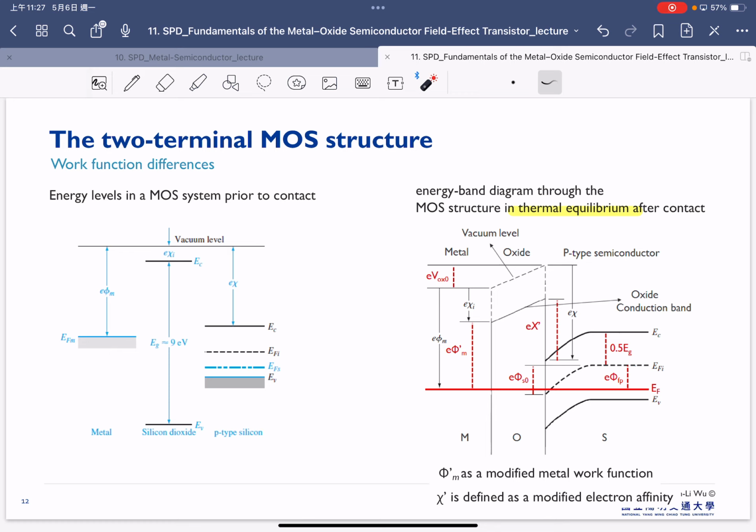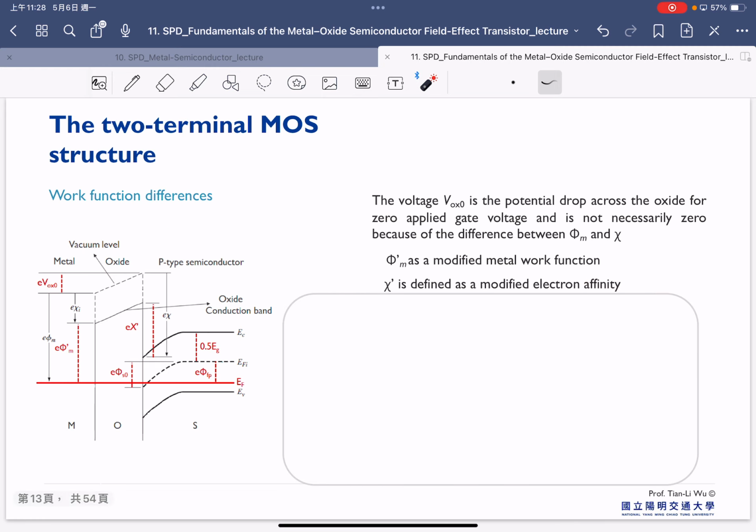So our Fermi energy is flat, but there are lots of things exchanging here. So you start to have band bending, and you also start to have band bending here. Therefore, we will be interested in how this influences our band energy calculation.